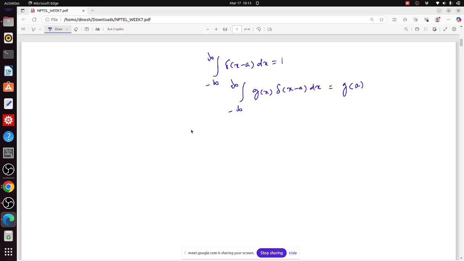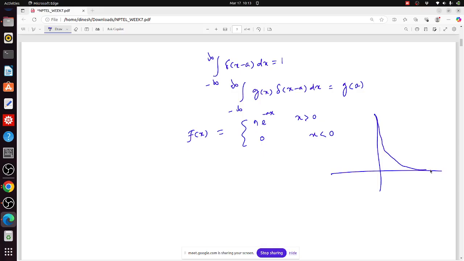Let f(x) = n e^(−nx) for x greater than 0 and 0 for x less than 0. If we plot this function, we will get a plot like this.